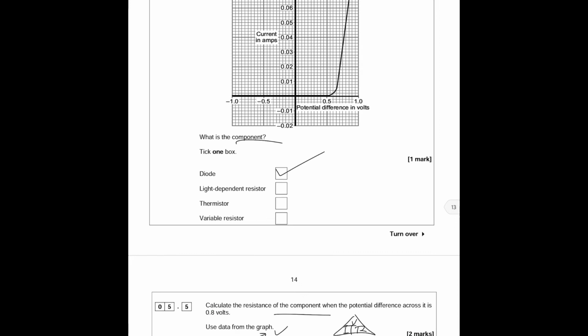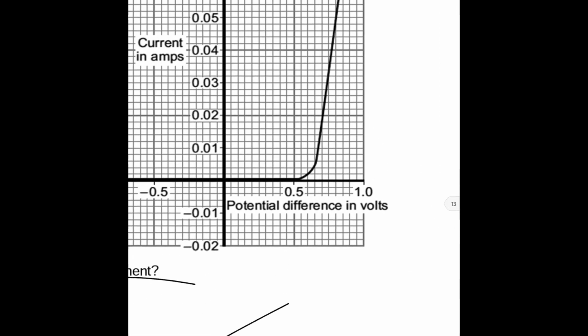0.05, assumption. So let's check it out where the voltage is and where 0.8 might lie. So we have 1, 2, 3, 4, 5, 6, 7, 8, 9, 10. So 0.5 divided by 10, that should give us about 0.05.